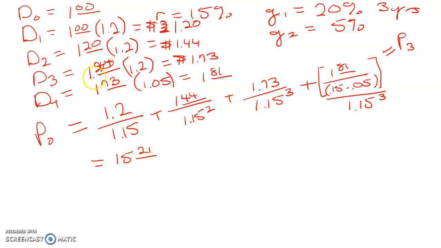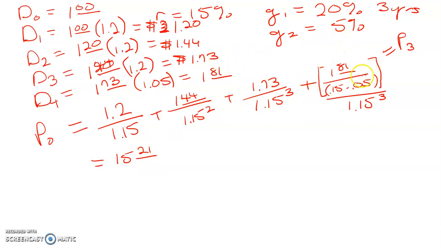We could do these calculations, the dividends, in our equation if you chose to. I want to show you one more thing here. So we can also do this. This dividend right here, this $1.73, it's also growing perpetually at 5%.